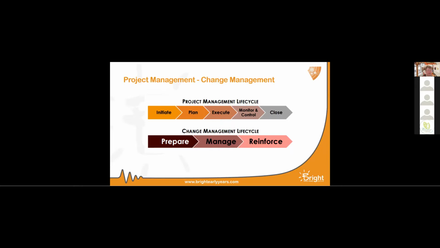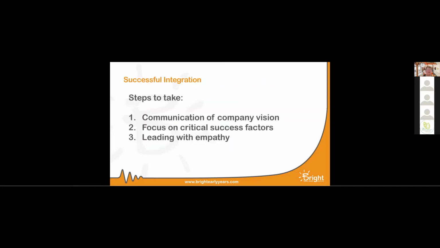So in order for any project to be successfully implemented, we need to be mindful of these two things. We need to have the project plan, but then we need to be conscious of the change life cycle as well. To successfully integrate these two, we need to make sure that we've communicated the vision.